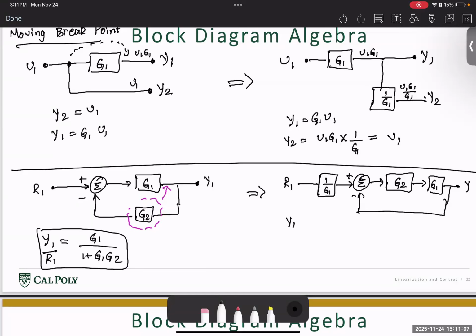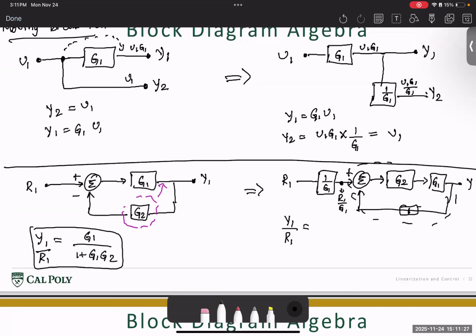We have Y1 by R1 is nothing but here I have some input which is R1 by G1, and then this goes into the feedback. This whole feedback block, here we have two things connected in series, and then in the feedback you have nothing, which means you have unity feedback. Sorry, this needs to be G2.